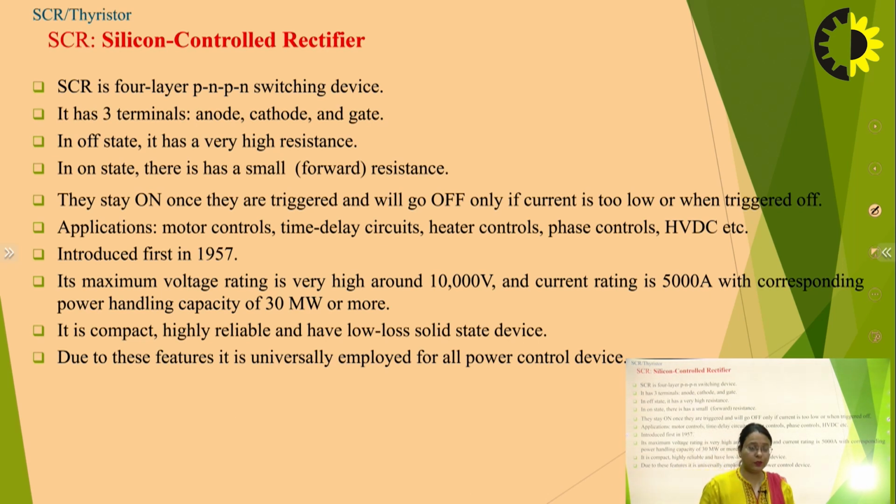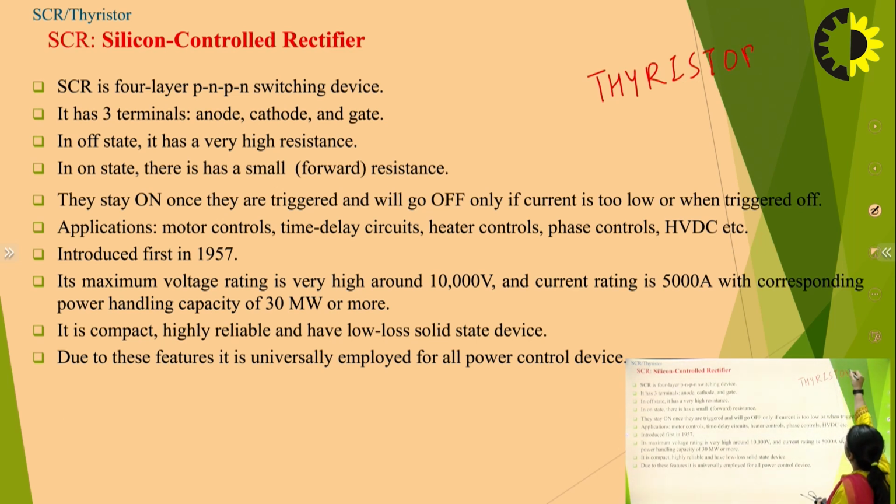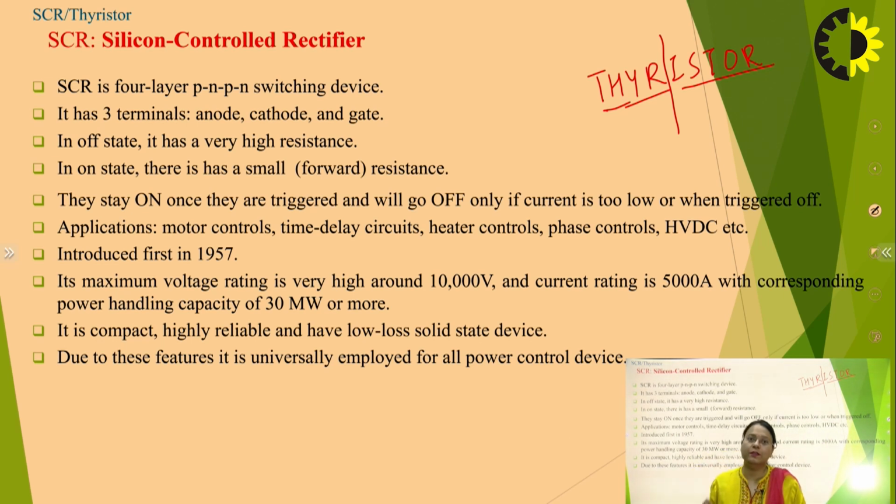Where does the thyristor come from? It is a combination of two devices, the thyratron tube and the transistor. The working of the thyristor is just like the transistor, and its characteristics and operation are just like the thyratron tube, so it becomes the thyristor.